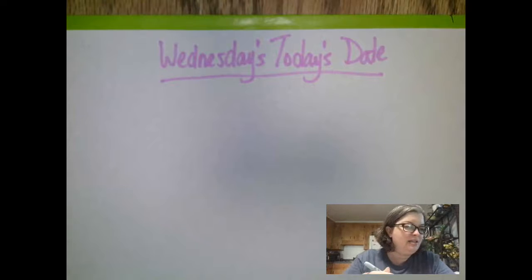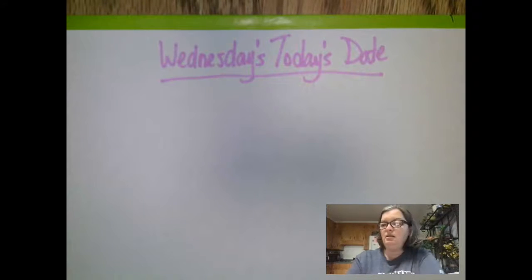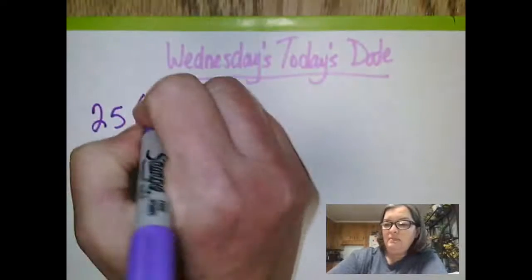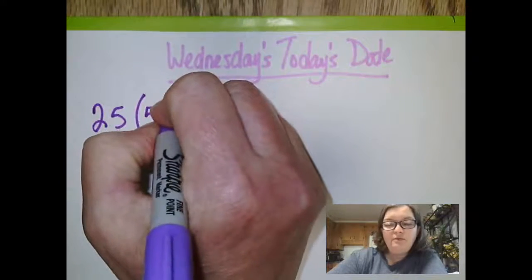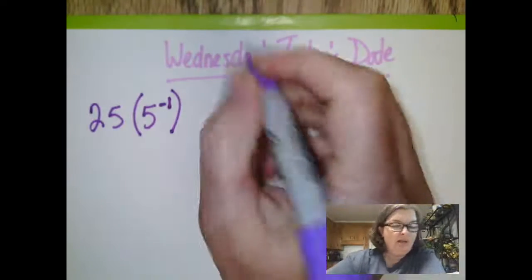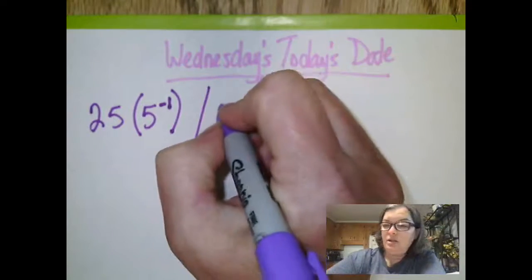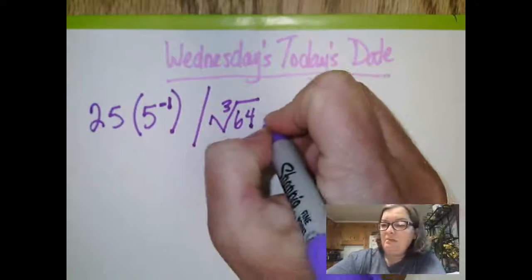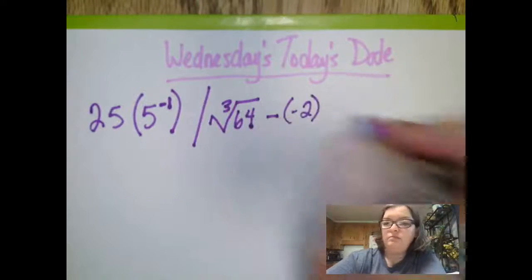Alright, so let's get going with today's date. Our month is 25 times 5 to the negative first power. Our day is the cube root of 64 minus a negative 2.